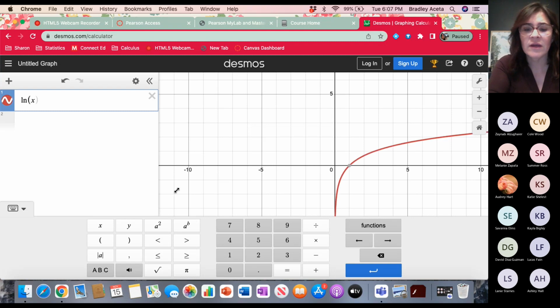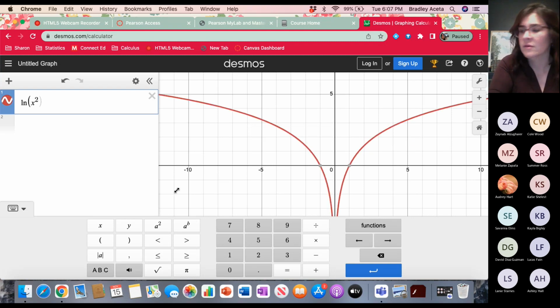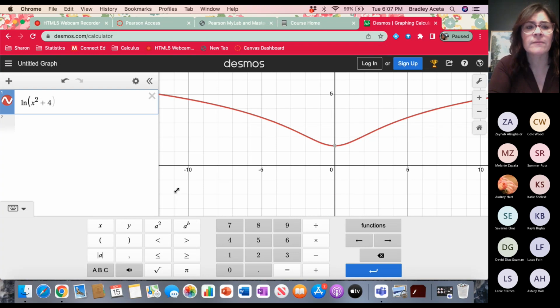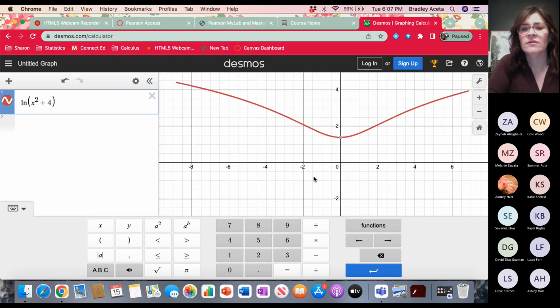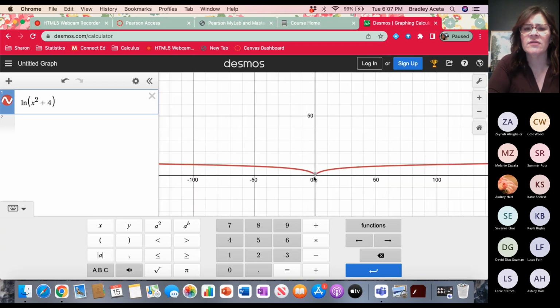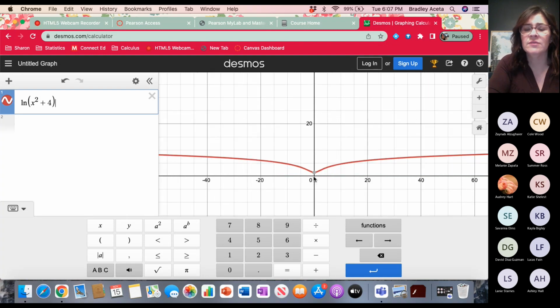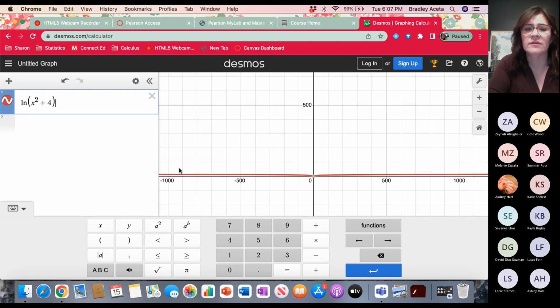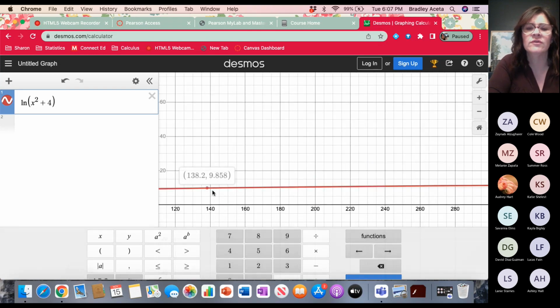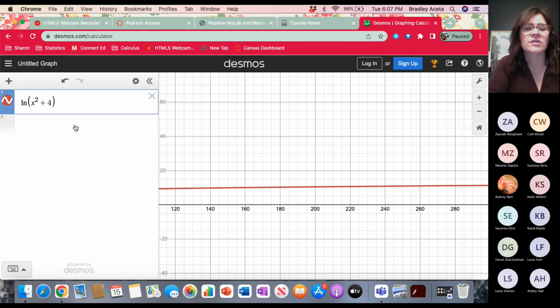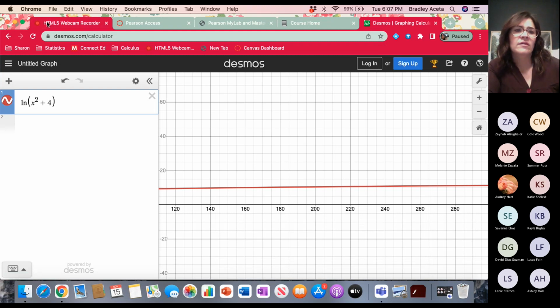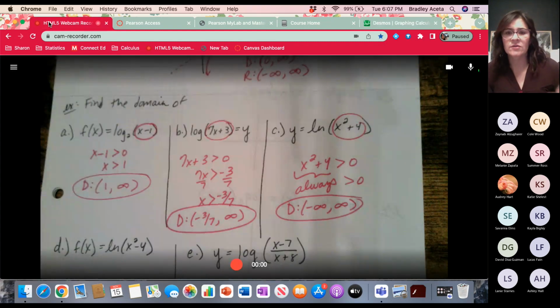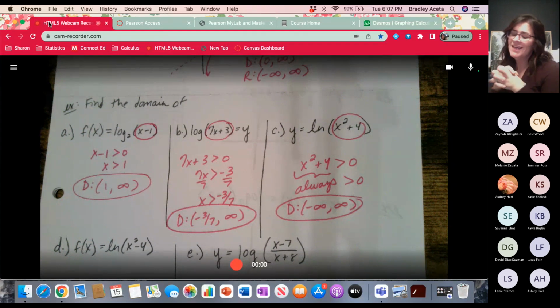So ln of x squared plus 4. And you can zoom out and see, hey, the domain just keeps going on and on and on. I'm at negative 1,000 right now, and I still have a red picture. Oops, now I've zoomed over a little bit too much. But you can always double check by using Desmos.